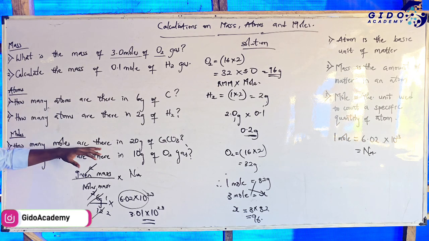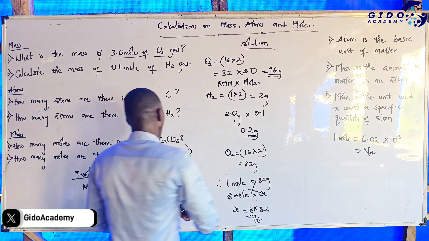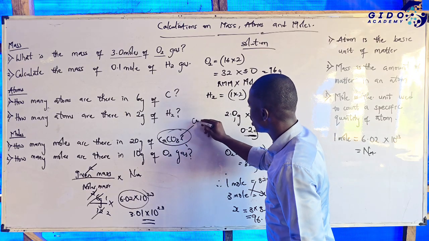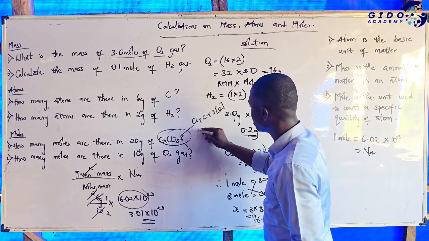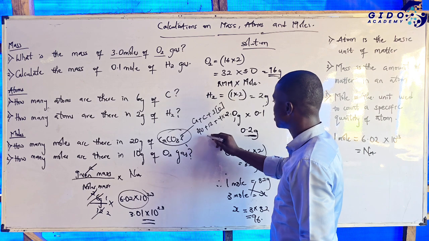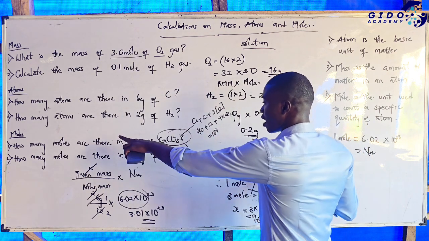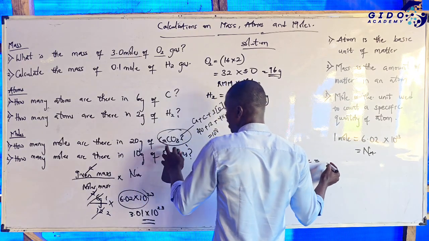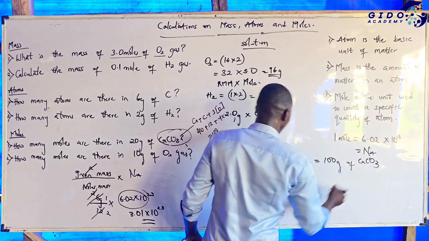What if you are given a question like this? How many moles are there in 20 grams of CaCO3? The first thing that will come to your mind is, what is the relative molecular mass of CaCO3? It is calcium plus carbon plus 3 oxygen. That will be calcium is 40 plus 12 plus 48, which is going to give us 100. So therefore, we are calculating the number of moles. We say 1 mole is equal to 100 grams of CaCO3.